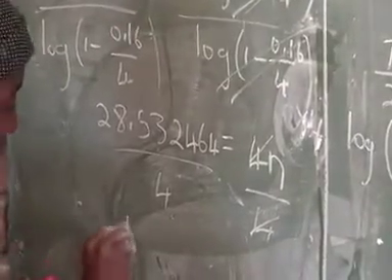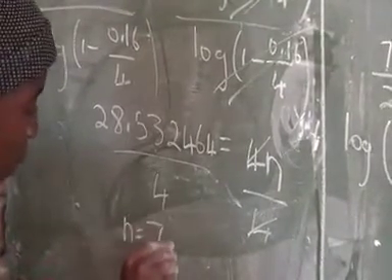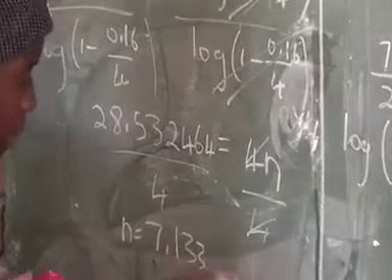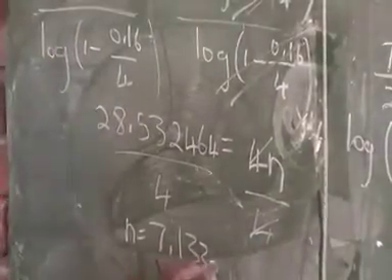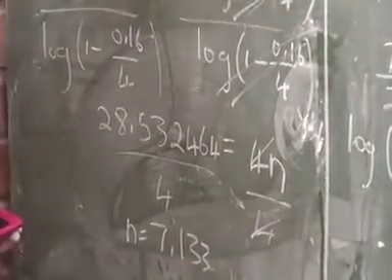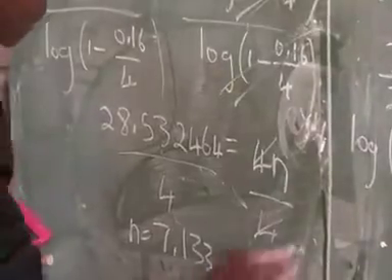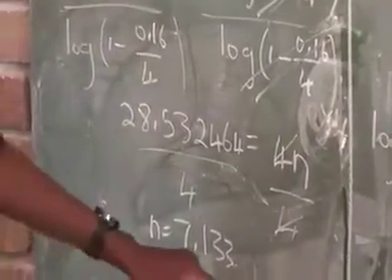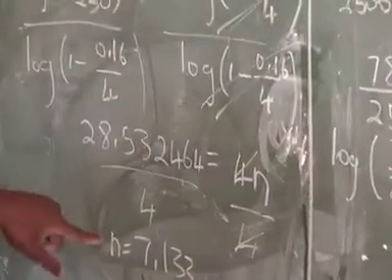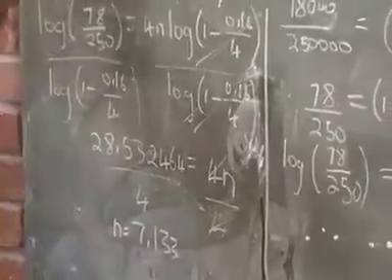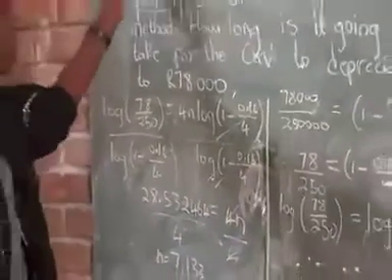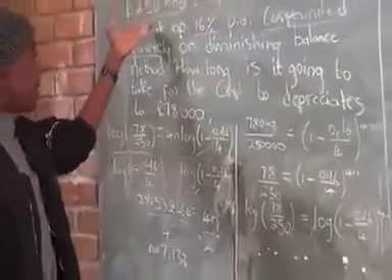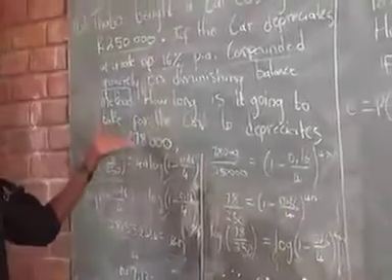our n is 7.13 and so on. But you must keep all these exponents so that you can calculate your answer in months. So here, this answer, what does it mean? It is the time that our car is going to take to depreciate from 250,000 to 78,000.